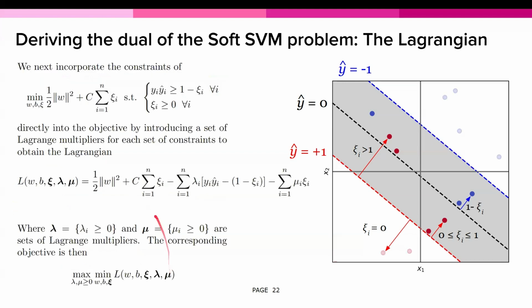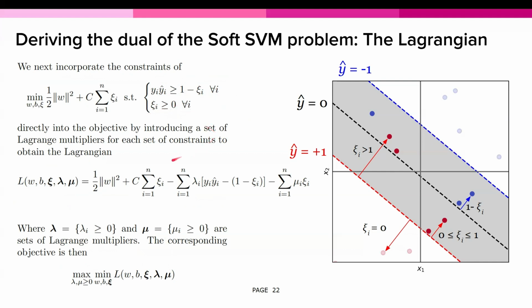So we require that the product of the class label and the linear predictor y hat has to be at least 1 minus the corresponding slack variable xi for each point, and that all slack variables are non-negative.